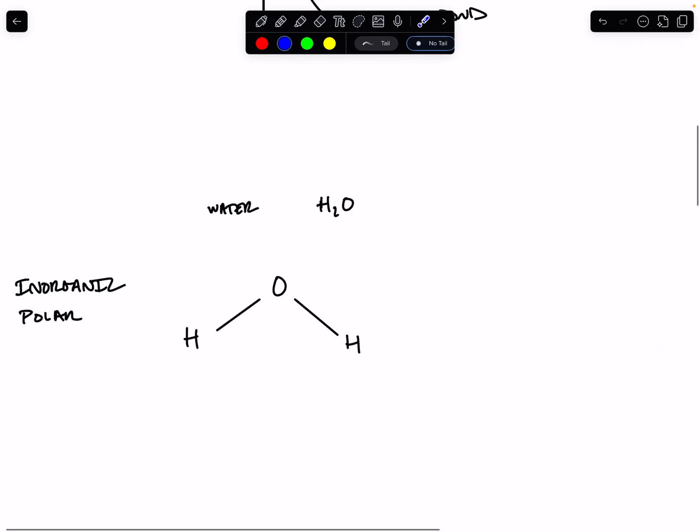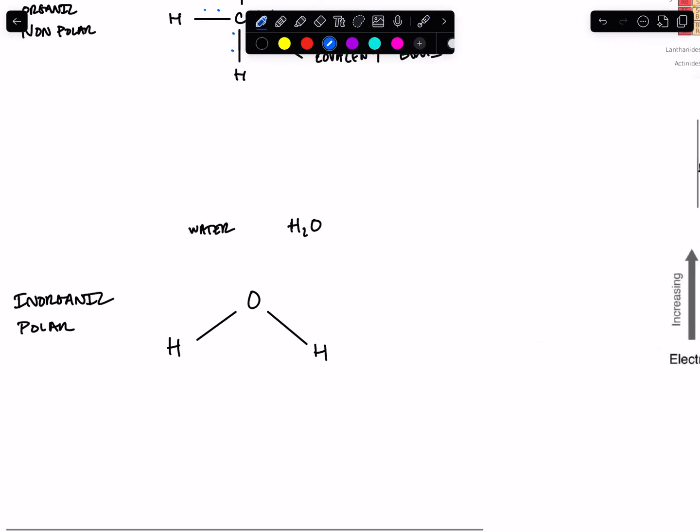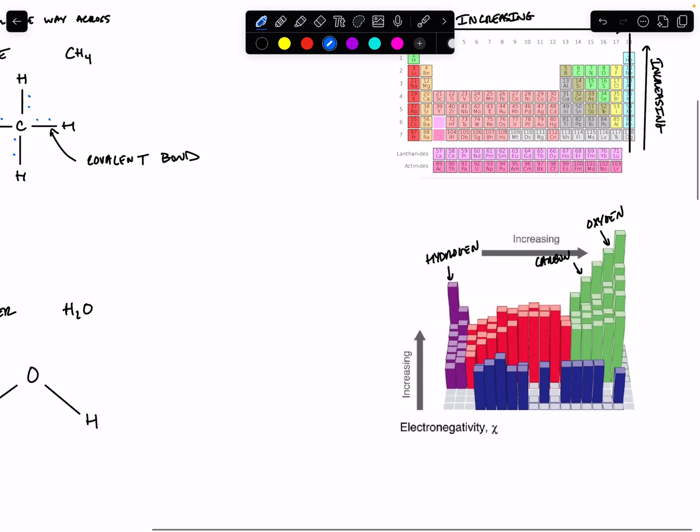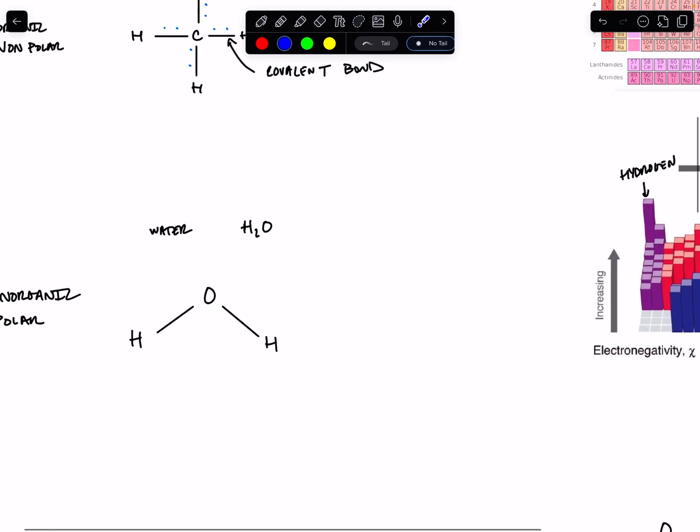Okay, let's compare that to water, H2O. As we said before, oxygen is the second most electronegative element on the periodic table. And so as a result, it can pull on electrons in a covalent bond very strongly.